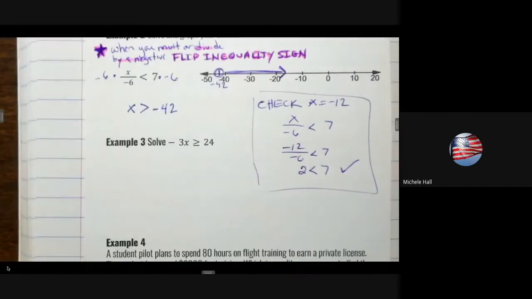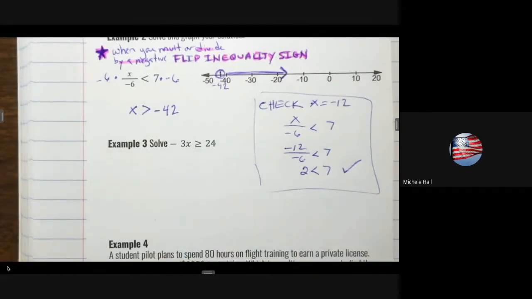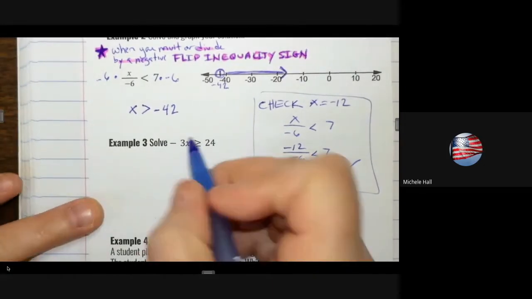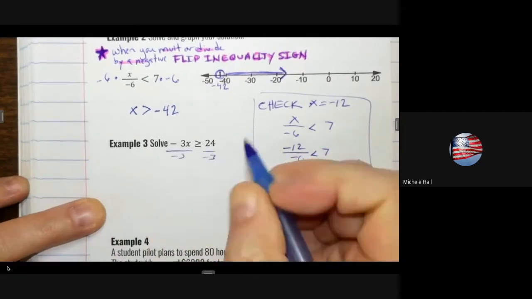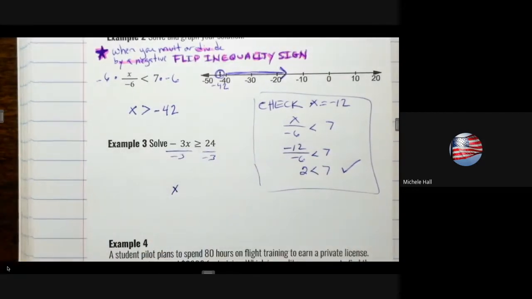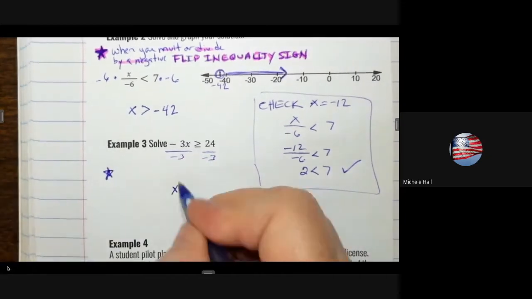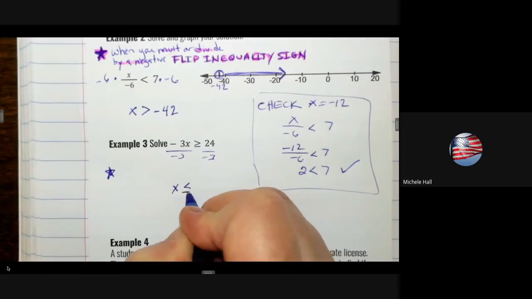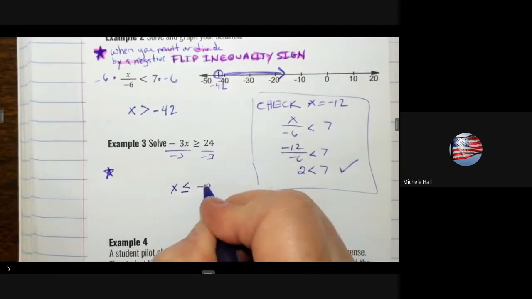Example 3. Solve -3x is greater than or equal to 24. X is being multiplied by -3, so I divide by -3. I just divided by a negative number. That means I need to flip the inequality sign, and it becomes less than or equal to 24 divided by -3 is -8.